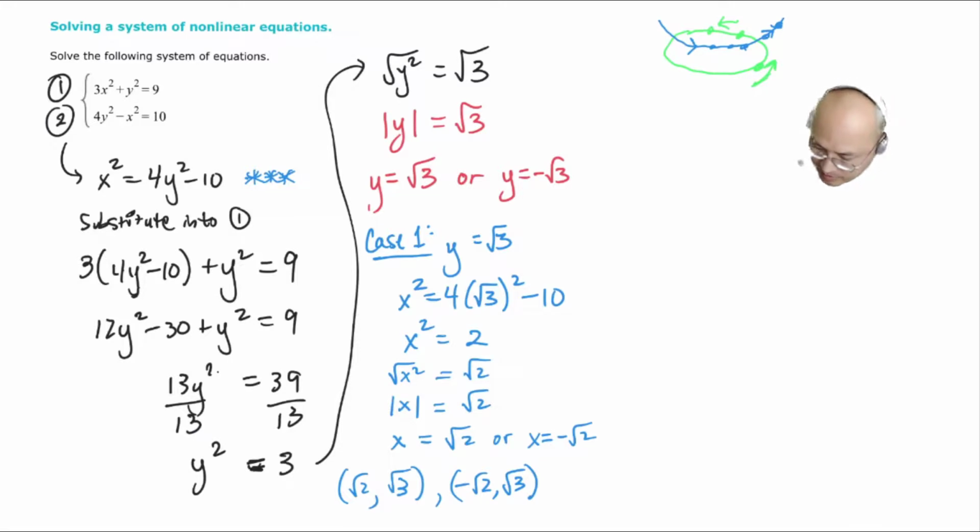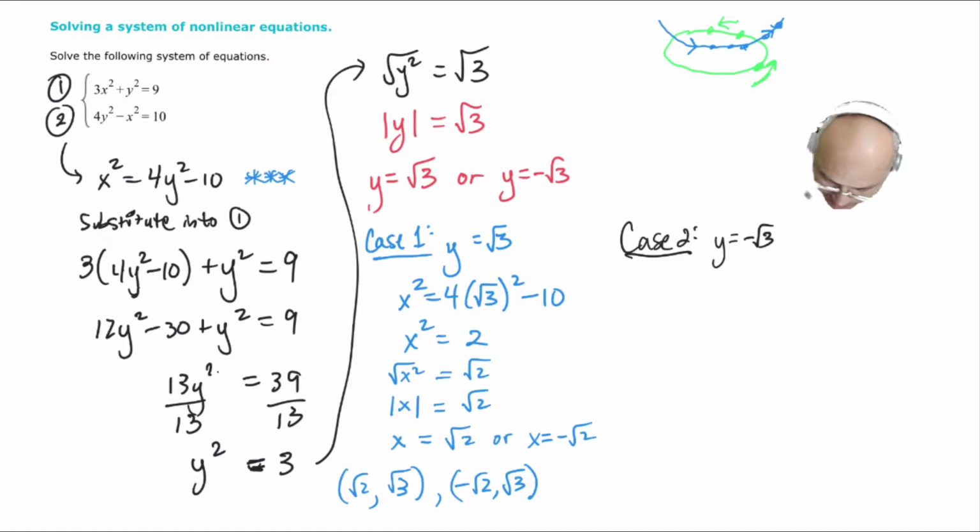Okay. Now we're going to do case 2. What is case 2? Case 2 is y is equal to the opposite of the square root of 3. Once again, we're going to use that equation that I mentioned earlier.